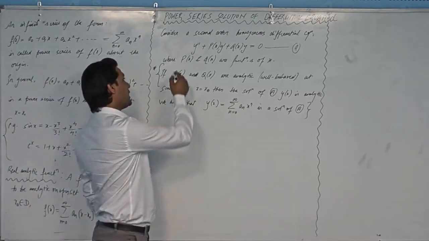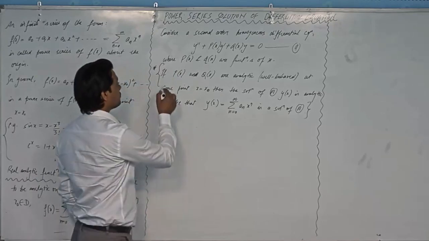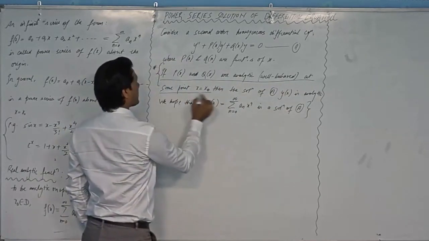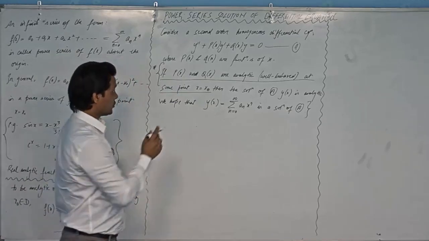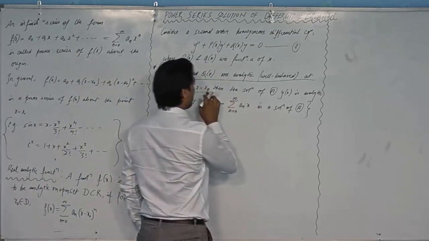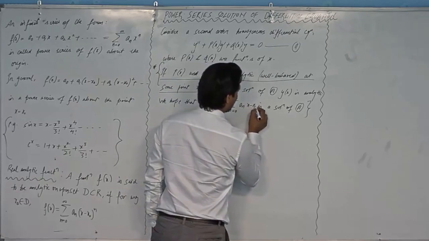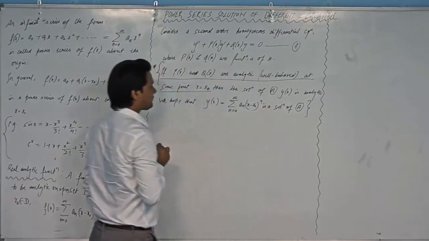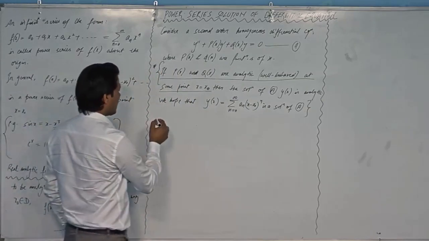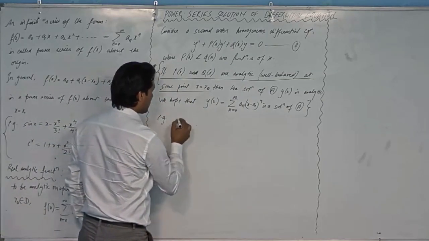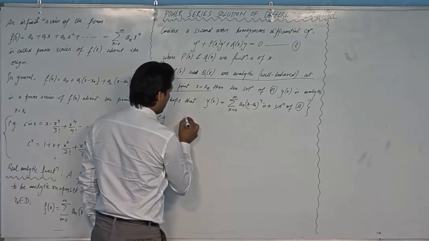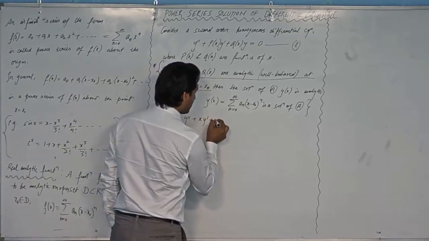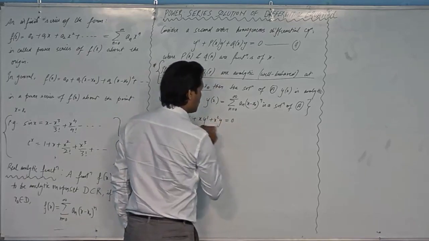But the central idea is this: we need this condition to be satisfied. p(x) and q(x) should be analytic at x equal to x naught, right? Or should I write x minus x naught here, because I'm talking about x minus x naught whole to the power n, right? So I will write a small example of this. For example, you have this equation y double dash plus x y dash plus x square y equal to 0, right?